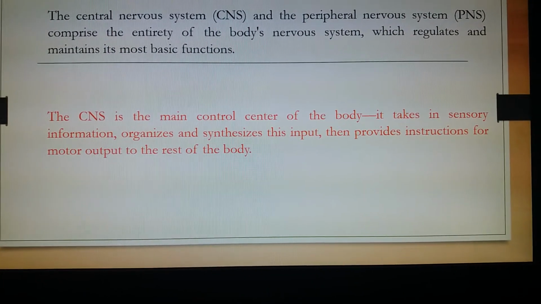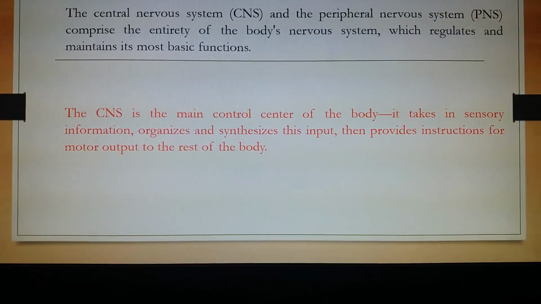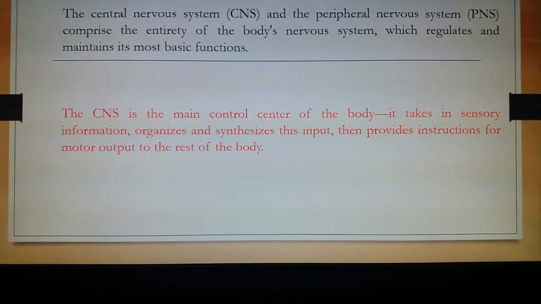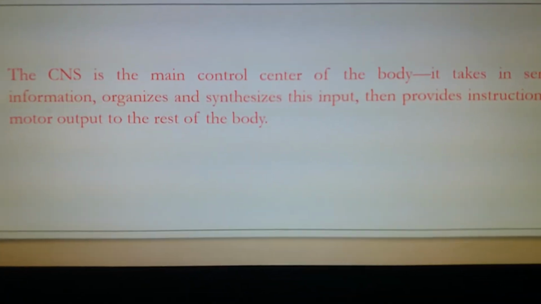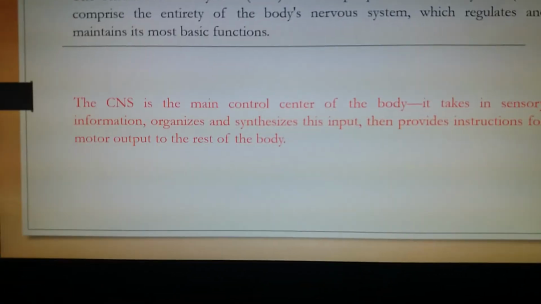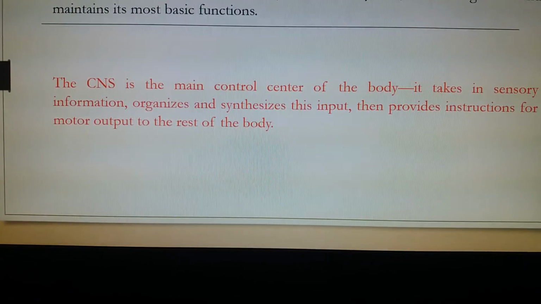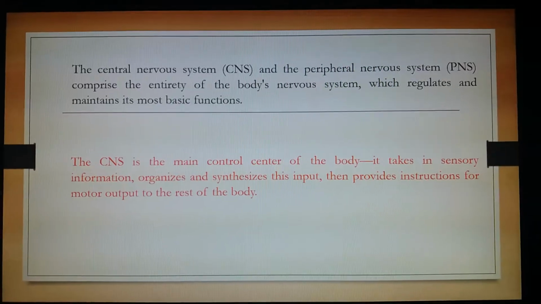It takes in sensory information, organizes and synthesizes this input, and provides instructions for motor output to the rest of the body.